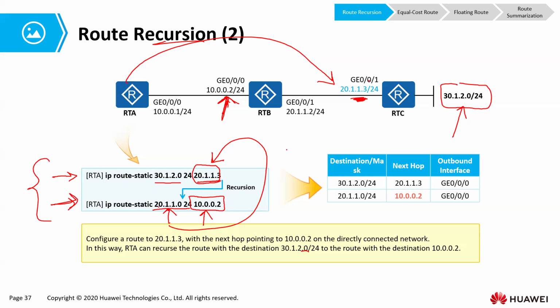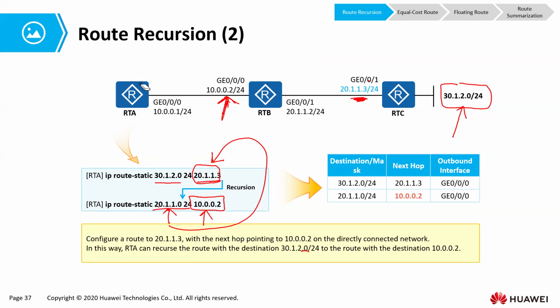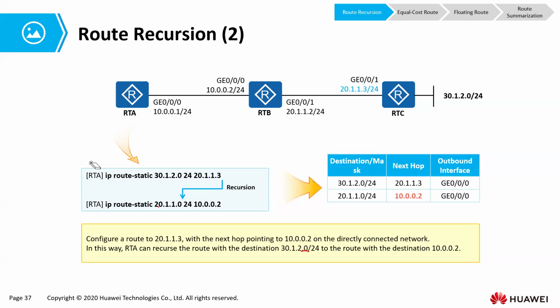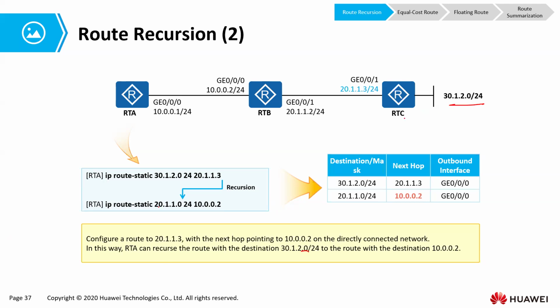But if I was to configure network E, it would make sense that if I want to reach the destination network, and configure a route that gets me here from this network, I would configure a route saying 30.1.2.0/24, exit interface, 10.0.0.2.